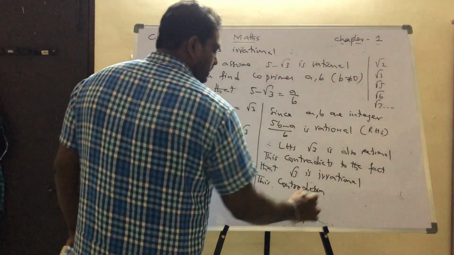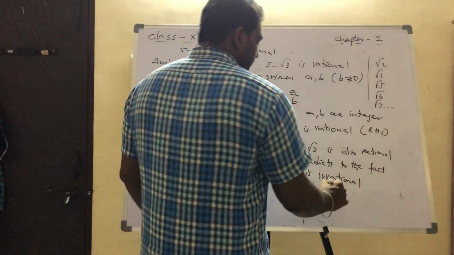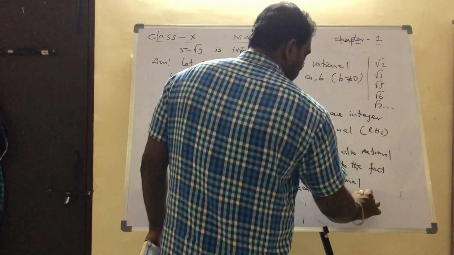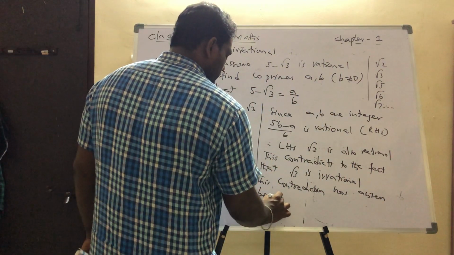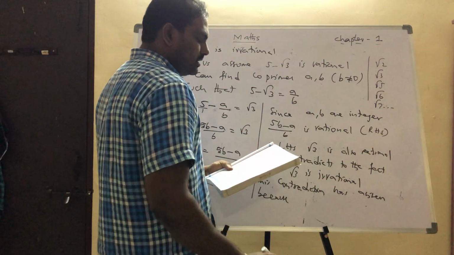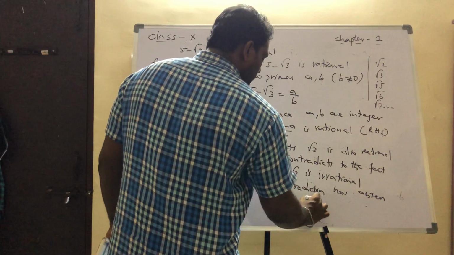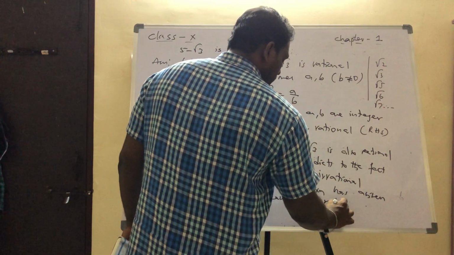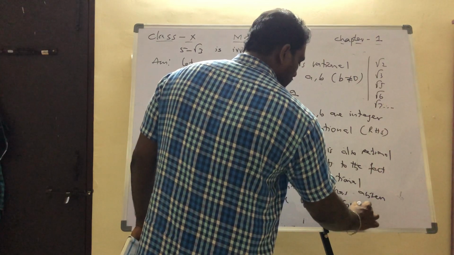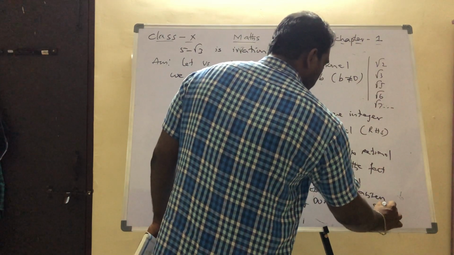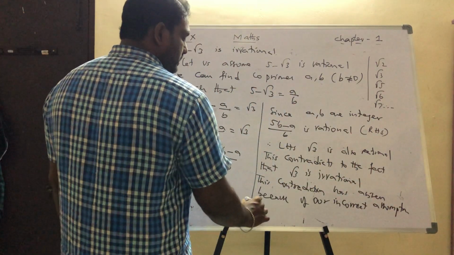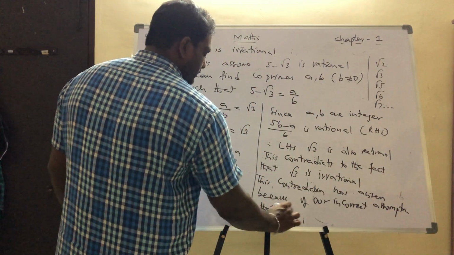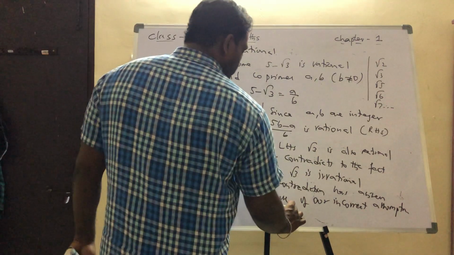This contradiction has arisen because of our incorrect assumption that 5 minus root 3 is rational.